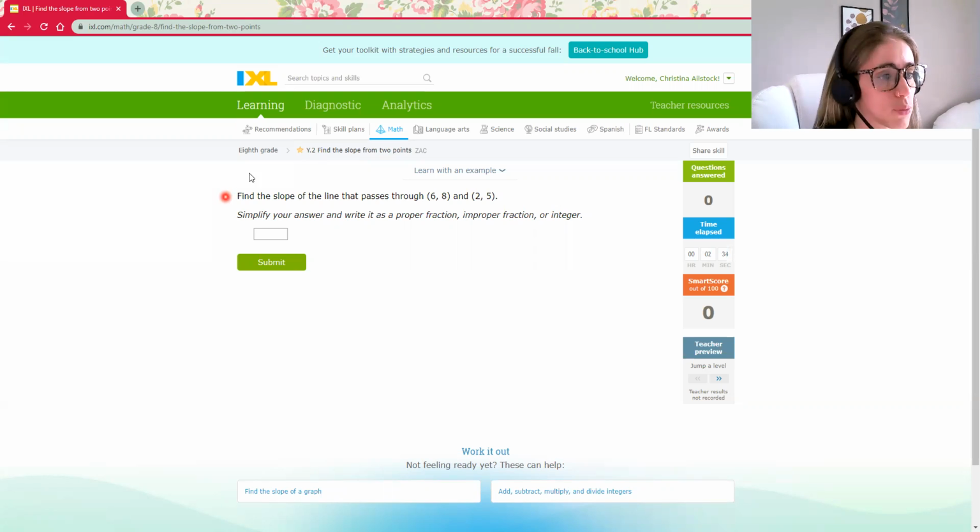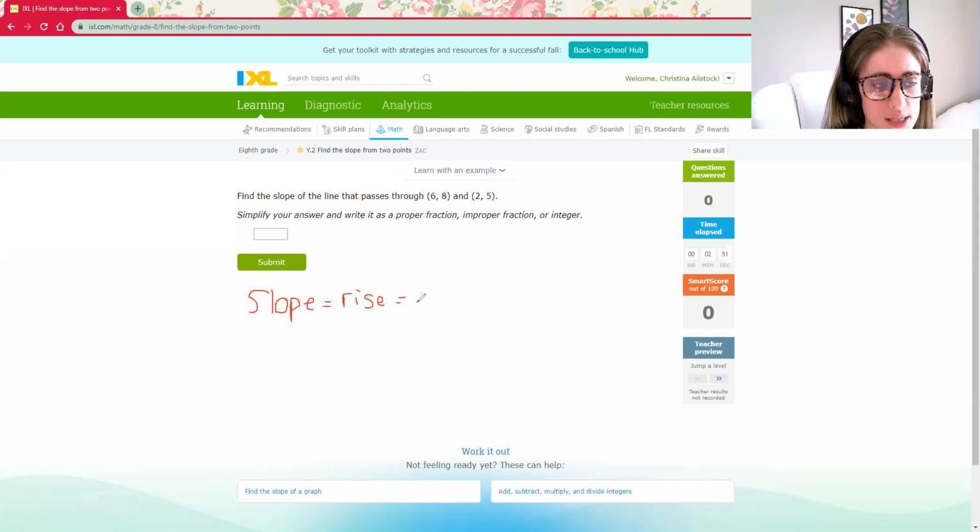So if we relate this to a graph, remember when we're finding slope, that is equal to our rise, which is how much our y changes. So this triangle is the Greek symbol delta, which means change.